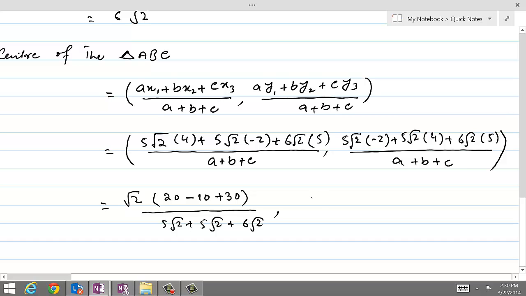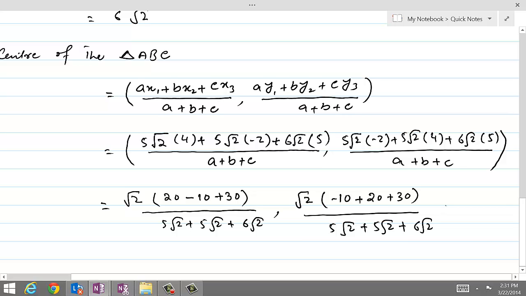Again we take under root 2 common, and here we have minus 10 plus 20 and plus 30, and in the denominator we have 5 into under root 2 plus 5 into under root 2 plus 6 into under root 2.